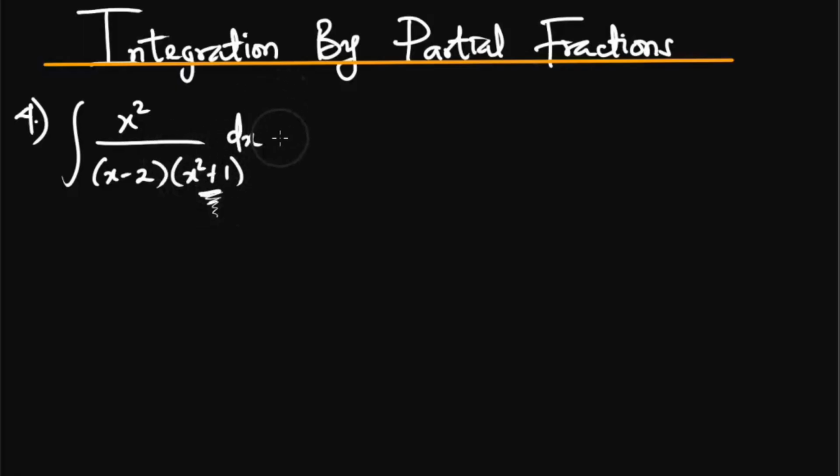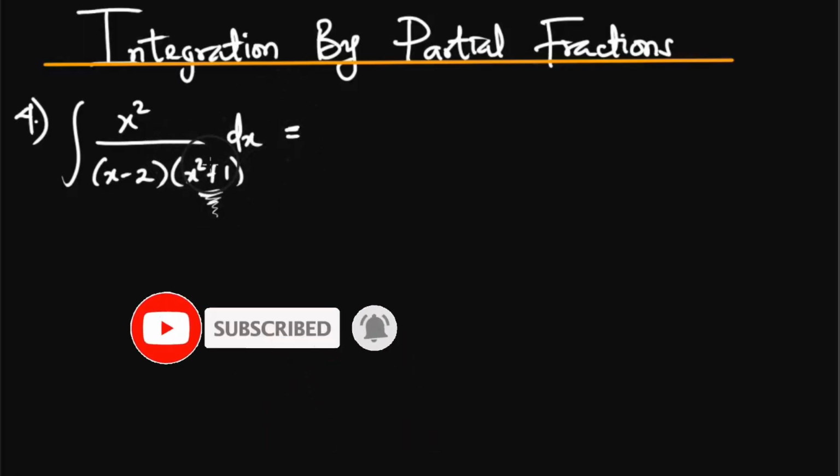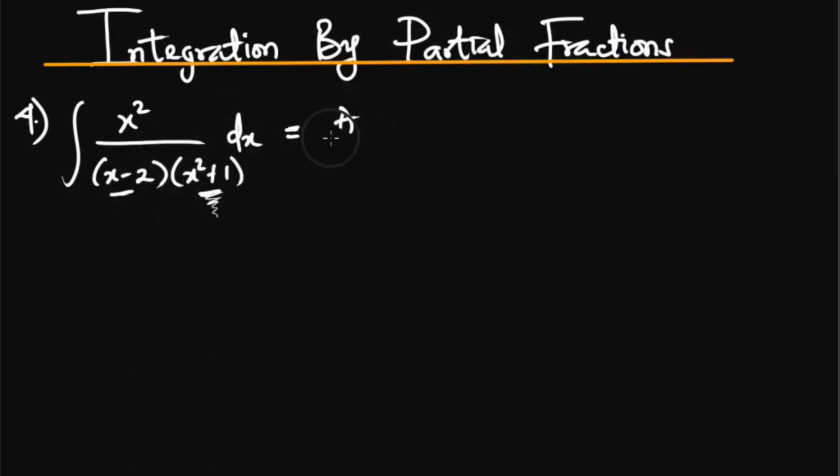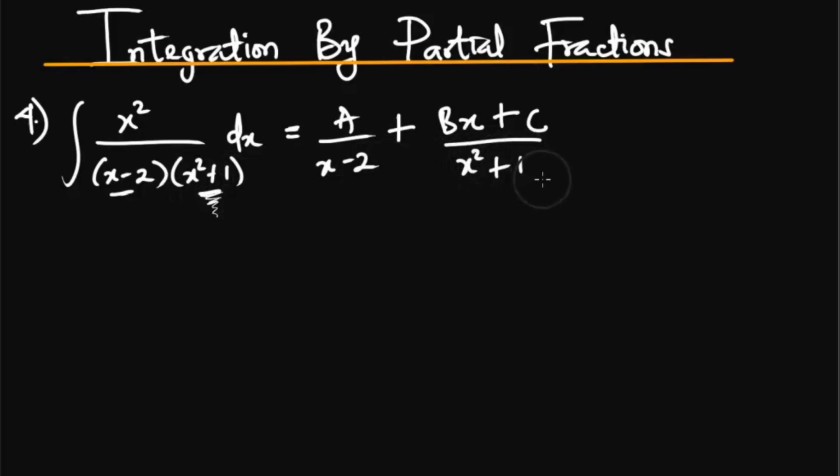Alright, and so to expand this in its partial fraction form, we're going to start with the linear factor, which is a over x minus 2, right? And then plus, for the quadratic factor, we're going to have the constant b, and then x, which is what we're introducing to the numerator, and then plus another constant c, and then divided by the factor, which is x squared plus 1.